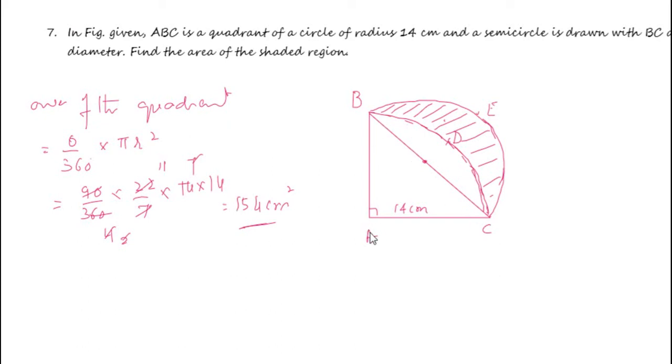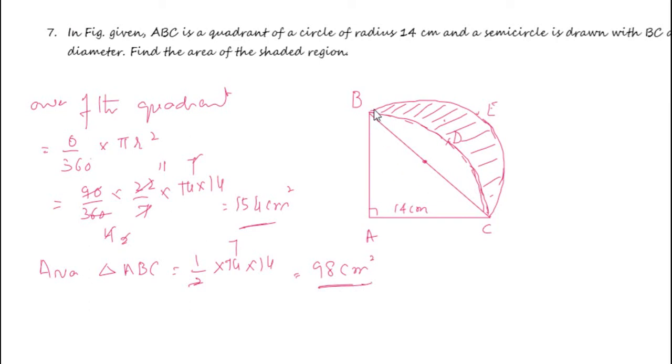Now let us find out the area of this triangle. ABC is a right angle triangle, so it's half into 14 into 14, so 7 times 14, 98 centimeter square. That is area of the triangle.